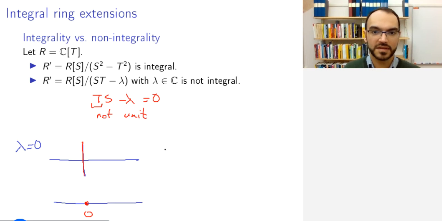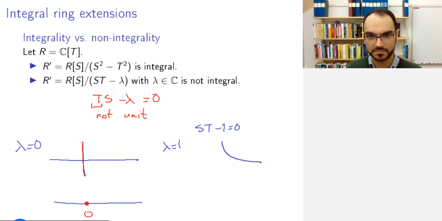If instead we take lambda equals 1, then we have st minus 1 equals 0. So this is, if we draw the real points, the familiar hyperbola.